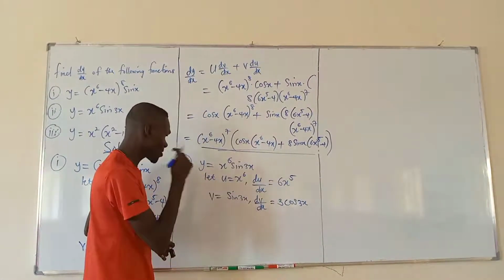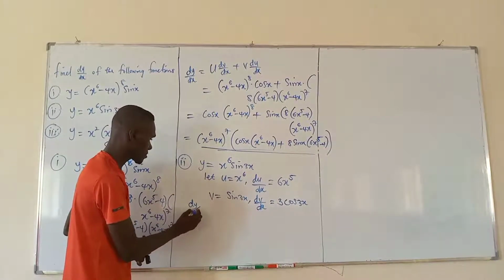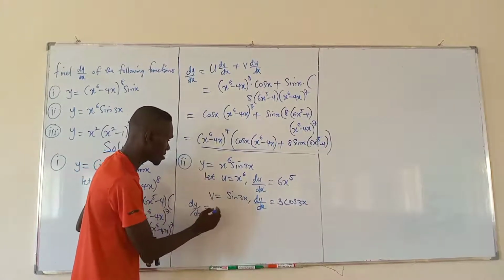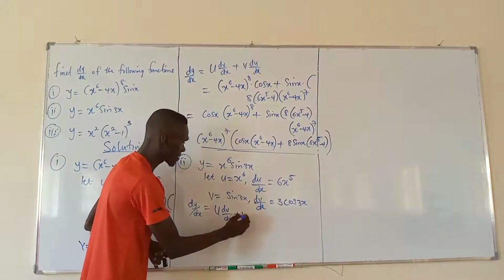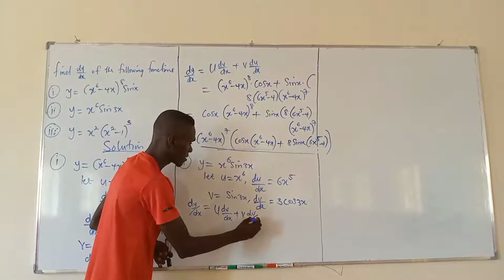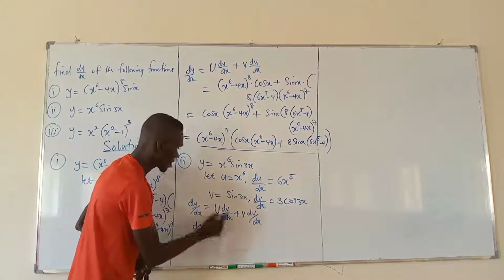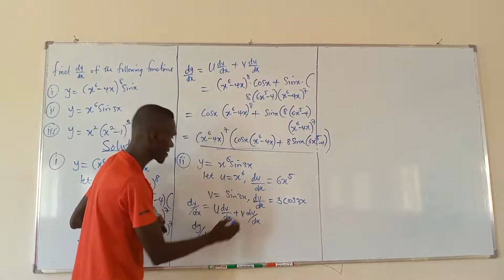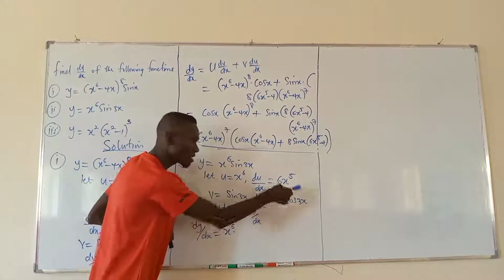So having this, I'll just go straight and substitute in my formula. The product rule, which is dy/dx, is going to be, we said, u dv/dx plus v du/dx. So our dy/dx is equal to, what is u? We said u is x^6. So x^6 times what is dv/dx? dv/dx is 3 cos 3x.